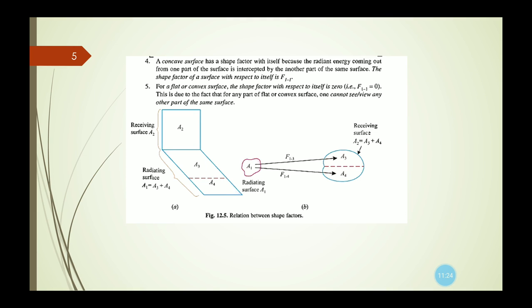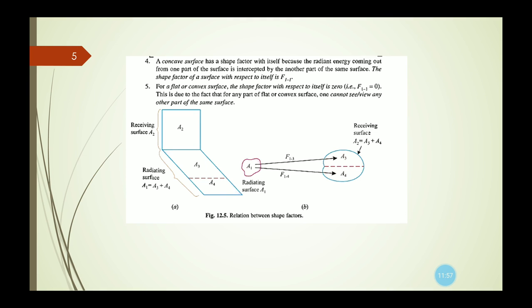Now next, number 5. For a flat or a convex surface, the shape factor with respect to itself is 0. Suppose for a convex surface, for a sphere, the shape factor with respect to itself is 0.